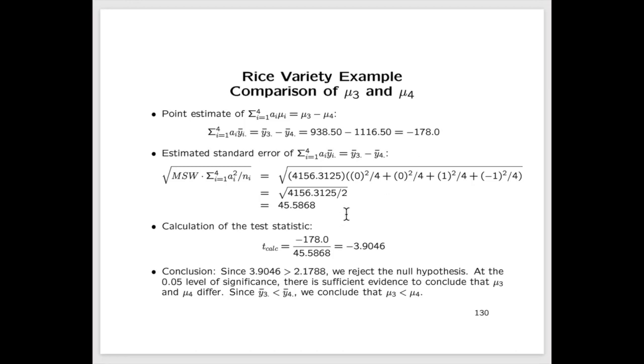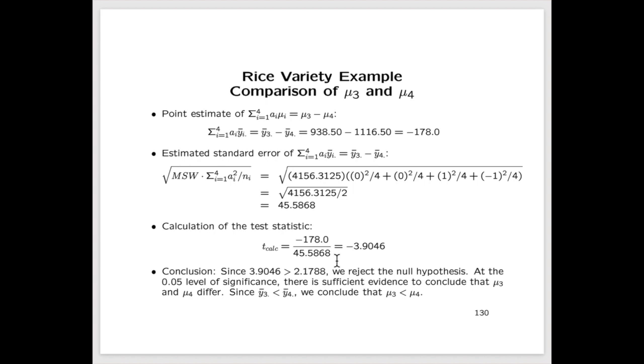All right, the estimated standard error of y bar 3 dot minus y bar 4 dot is 45.5868. And so then putting these together, the calculated value of the test statistic is negative 3.9046, the absolute value of which is greater than our critical point of 2.1788, and so we reject the null hypothesis.